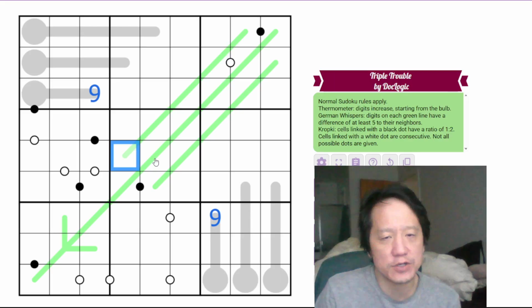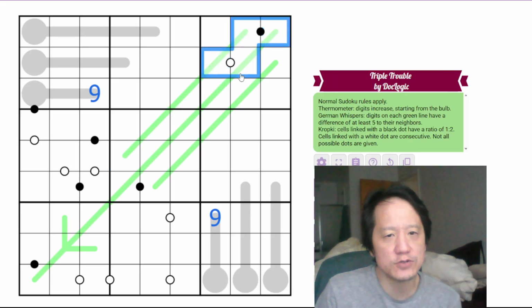What else do we know? Where can 8 be? Actually, that's probably not the best place. Let's target this one.